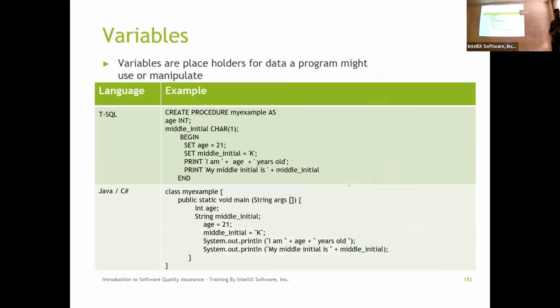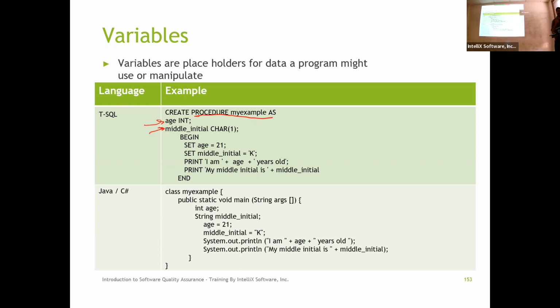Here's another example. This example also uses variables. If you look at it, this block has exactly the same declaration. I'm naming this block my example, and I'm creating it as a procedure. Then I'm declaring variables, temporary storage.